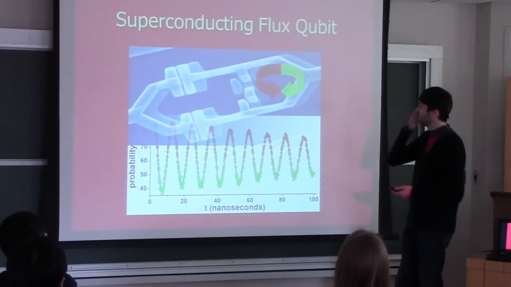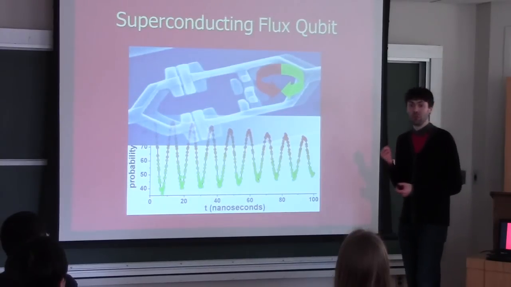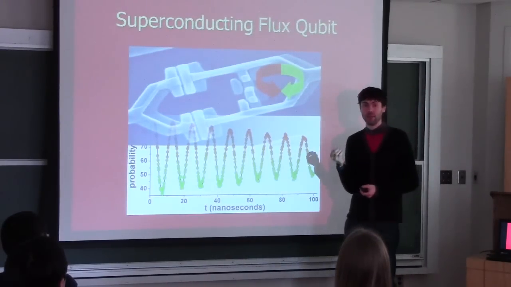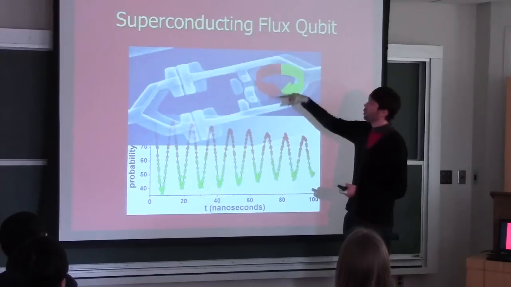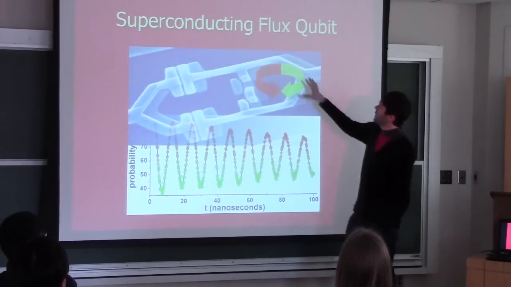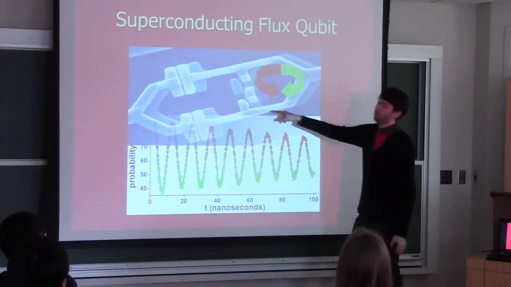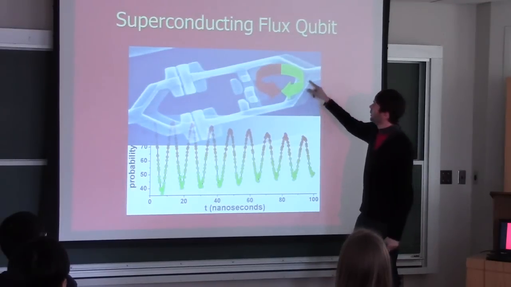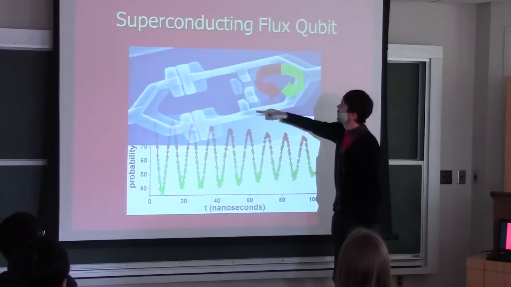This is also from Delft, where they have created a quantum superposition of an electrical current flowing clockwise and counterclockwise in a loop. So what you see here is a metal loop. It is actually a superconductor with some tunneling junctions.